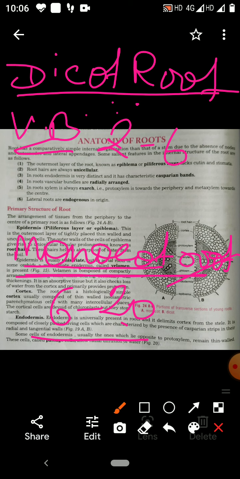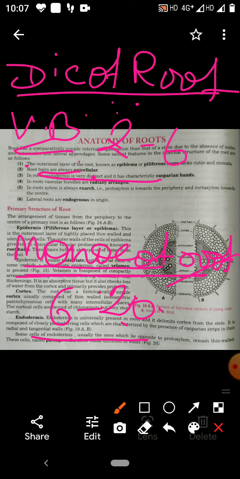In the dicot, vessels appear angular or polygonal, but in the monocot, vessels are oval or rounded. Connective tissue is parenchymatous in the dicot, but in the monocot, connective tissue is sclerenchymatous.